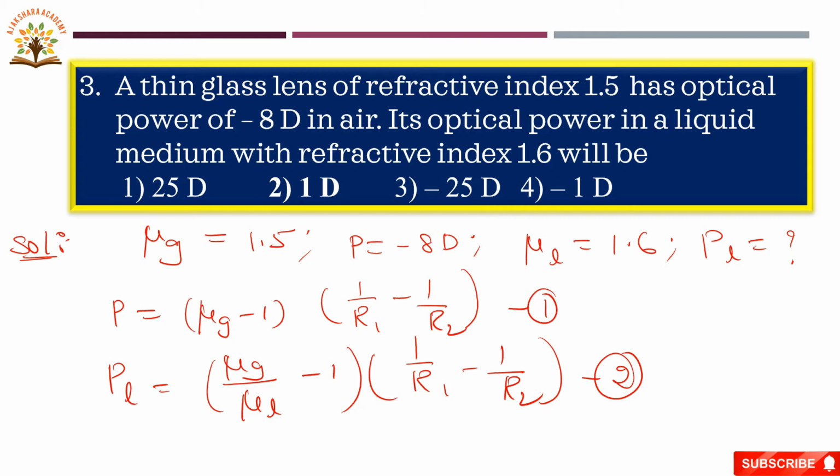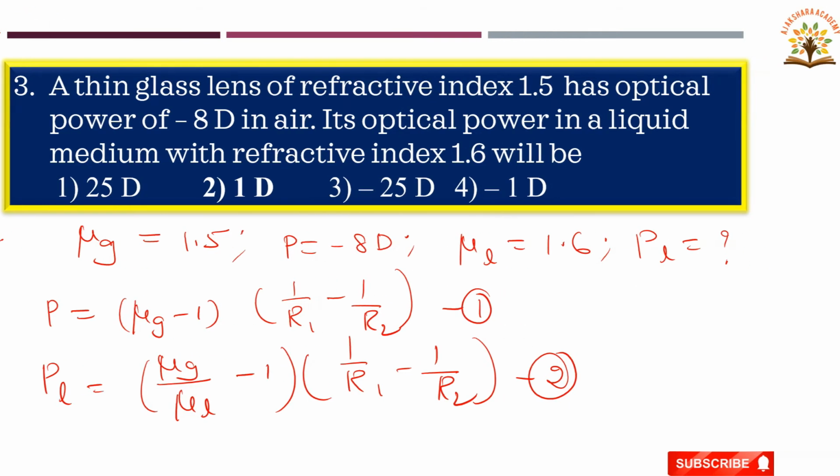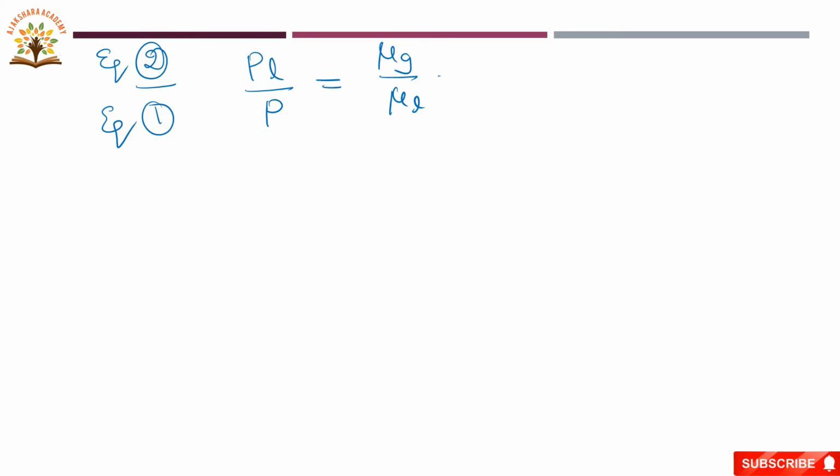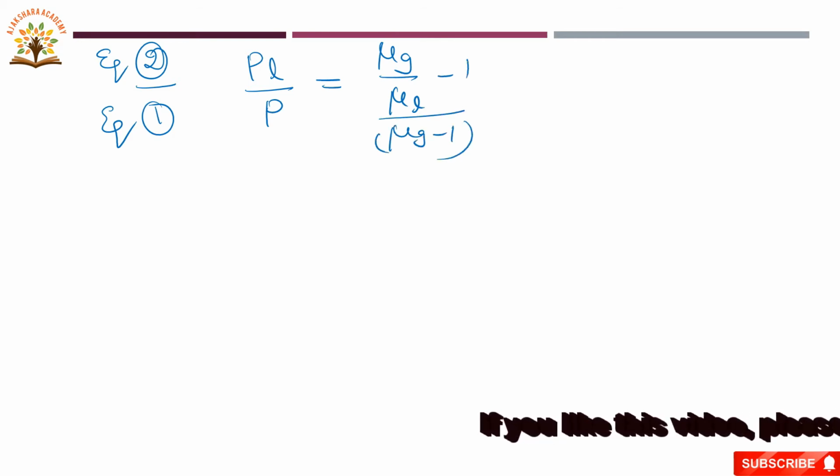Now, dividing equation 2 by equation 1, we get PL by P is equal to mu G by mu L minus 1 by mu G minus 1.